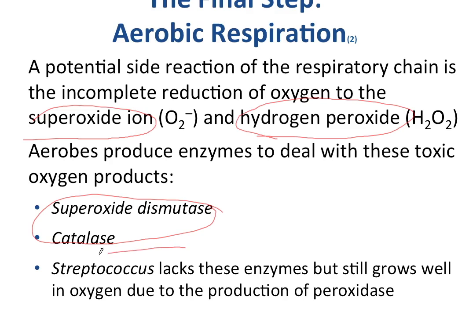For microorganisms, for example Streptococcus, they don't have these enzymes, but they have peroxidase. Those enzymes can detoxify the free oxygen.